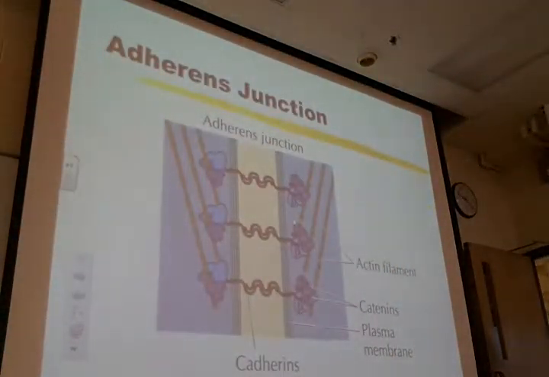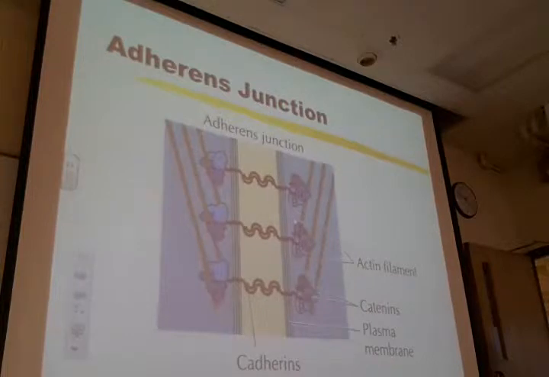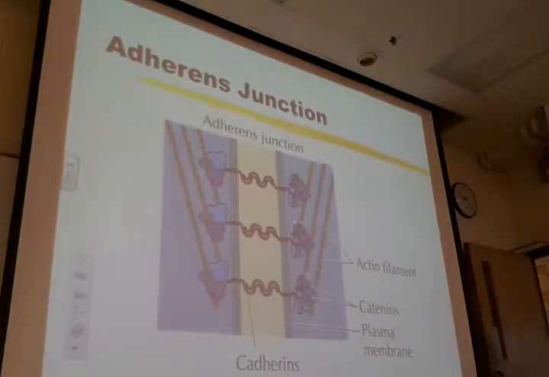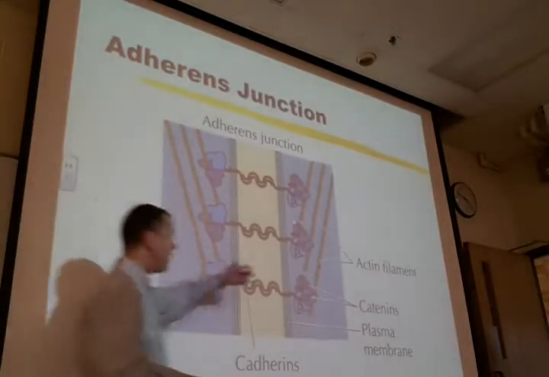A second type of complex that uses actin filaments is called an adherens junction. Same general idea, except instead of intermediate filaments, we have actin.